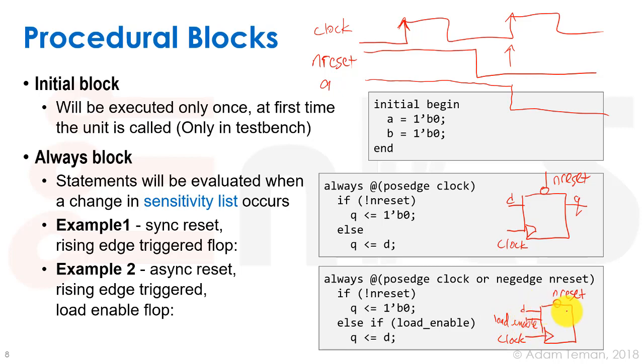And we have our D and we have our Q. Okay, in this case, because we had both posedge clock and negedge reset in the sensitivity list, at this point when reset went down, already our Q would have gone down. Now, at the rising edge of the clock, we go into this block again. But when we go into the block, we ask what is the state of reset, and we see it's low. So Q stays low. So as long as n reset will be low, the output will stay low.